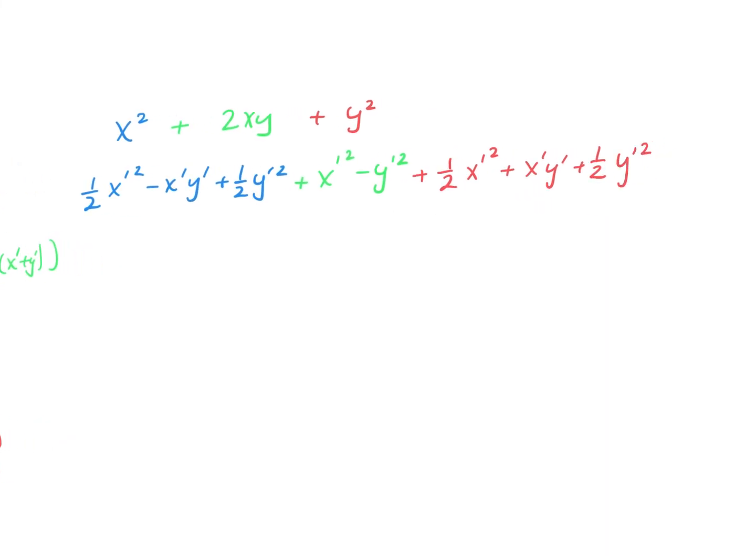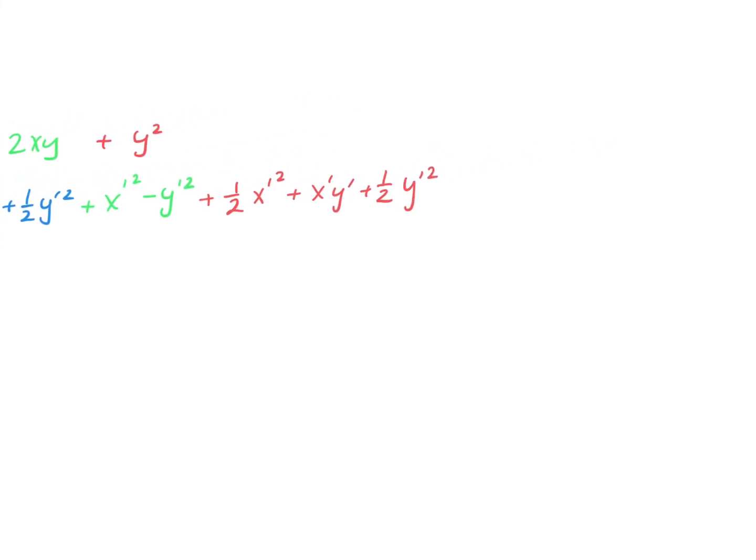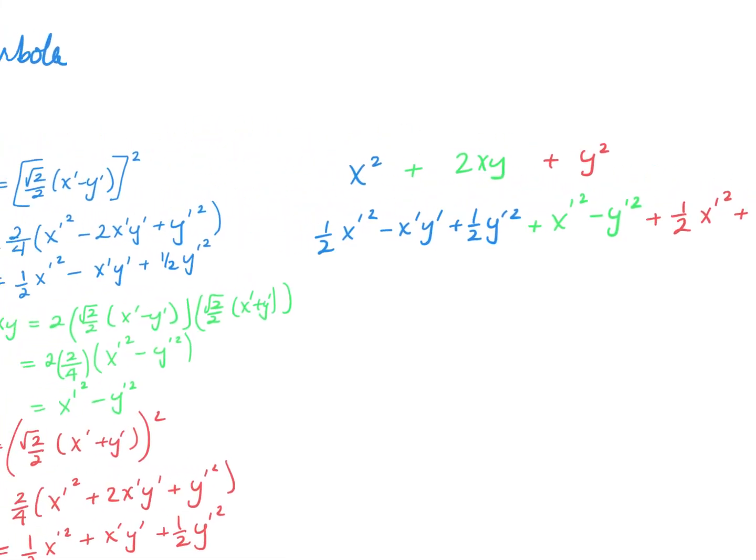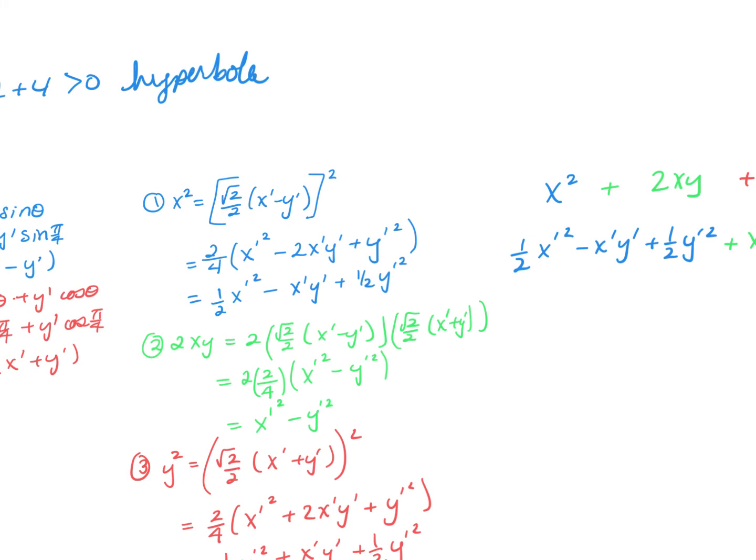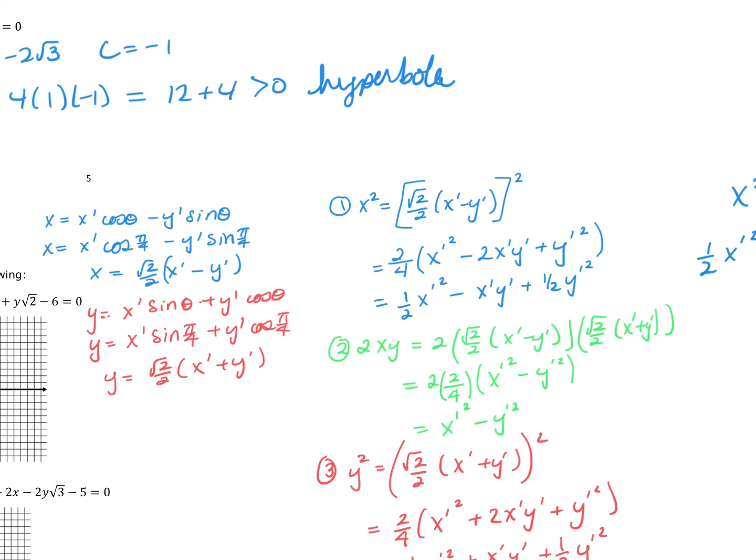Now that's not everything. That's just to that point. I also have in this equation an x term. Now if you remember, my x was the square root of 2 over 2, x prime minus y prime.